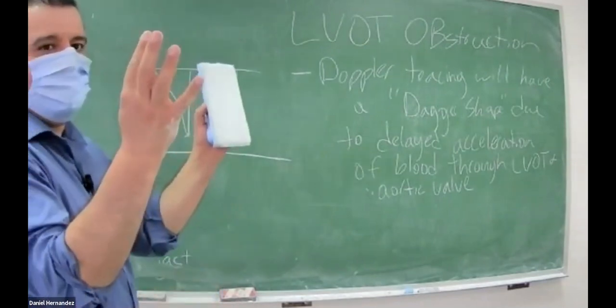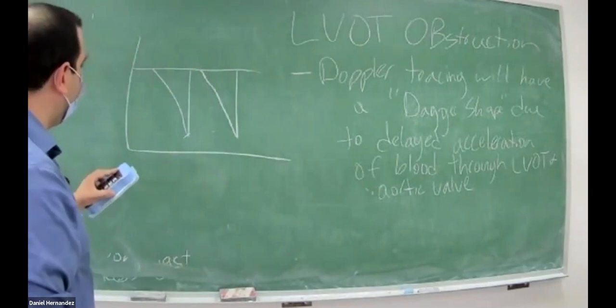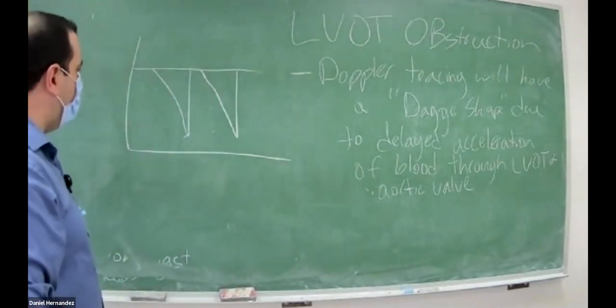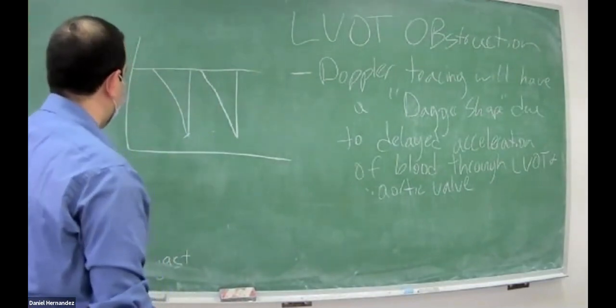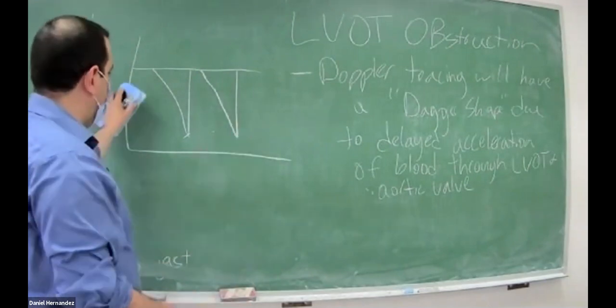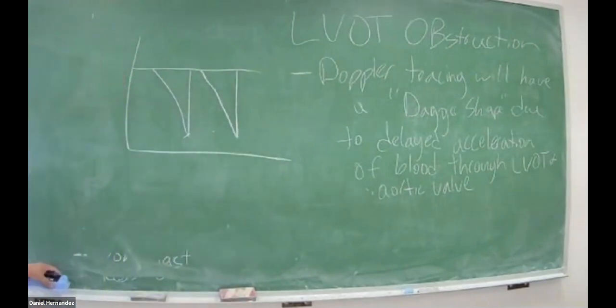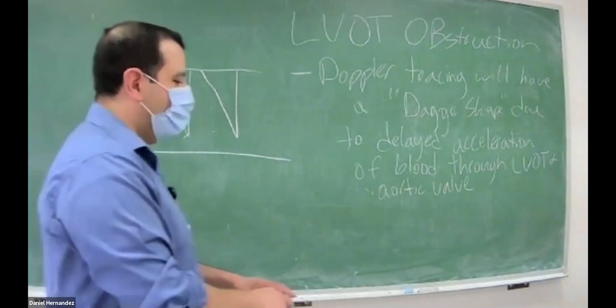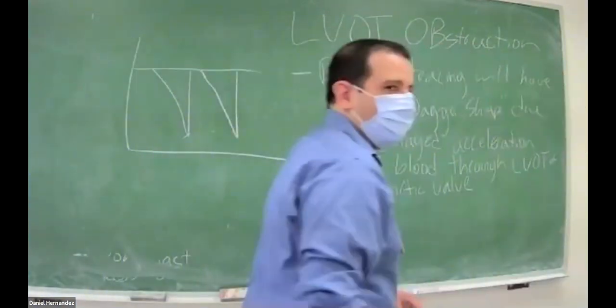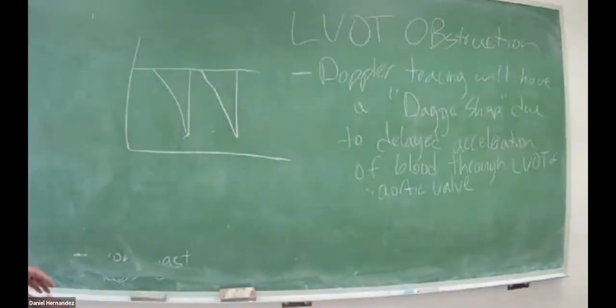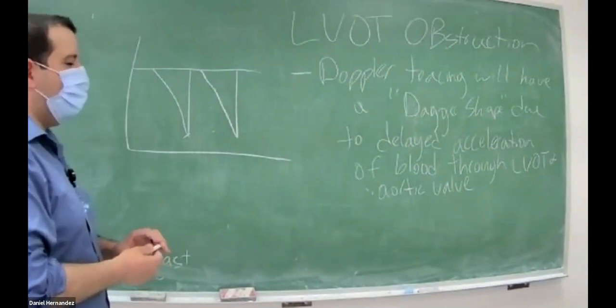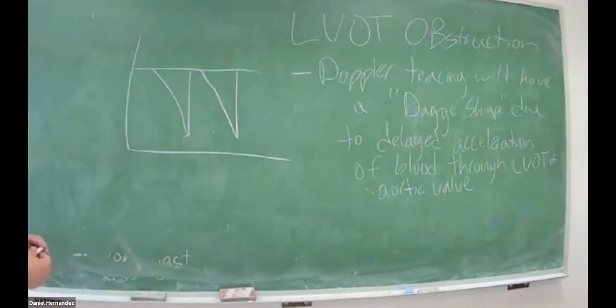So it's really relying on the contraction of the heart to squeeze all that blood out. That's the delayed systolic increase of velocity we see with LVOT obstruction, because it's relying more on the contraction of the heart than on the sudden pressure change when the valve opens to accelerate that blood through the valve.